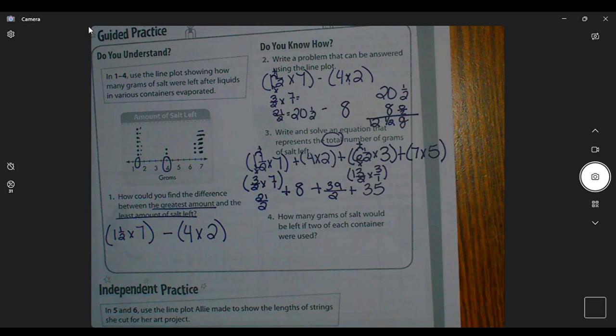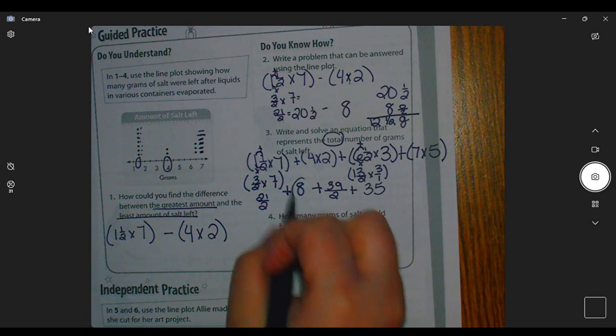Now, I am going to add my like terms, so I'm going to add my whole numbers first, and then go back and grab those fraction pieces. Because to me, that makes the most sense in my brain. But to you, you may want to just add it straight through. And if you can do that, more power to you. But I like to combine my like terms. That's a skill I'm going to have to use in higher math.